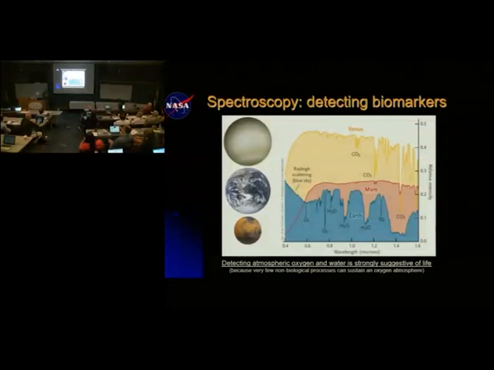So if the question that you're trying to answer is, how many of the nearest 200 potentially habitable planets are habitable, then transits will give you an answer for one out of those 200 planets. And direct imaging will be able to give you an answer for all of those planets.